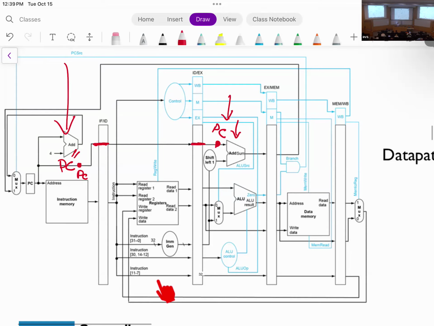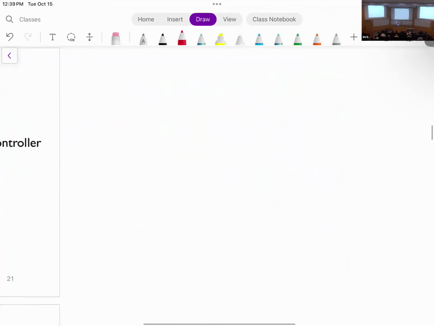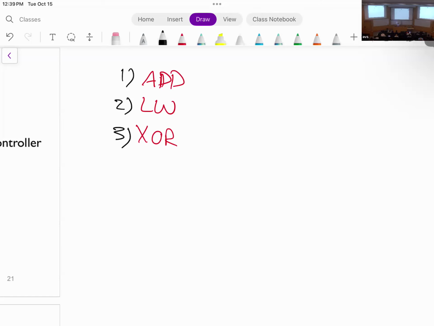So let me give you an example. Let's say I have a sequence like this: add, load word, and XOR. This is instruction number 1, this is instruction number 2, and this is instruction number 3. For the first one, PC is equal to 100. For the second, PC is equal to 104.